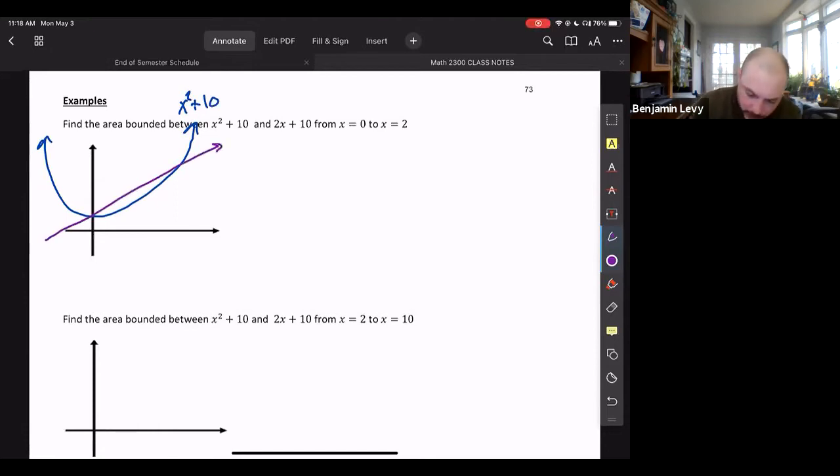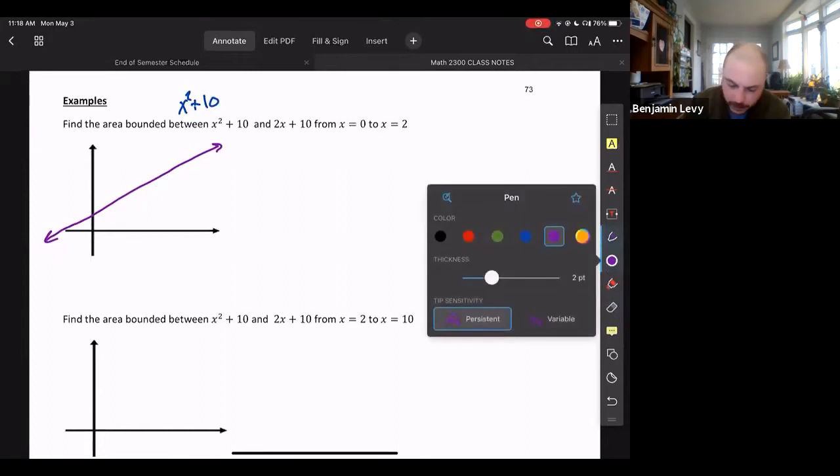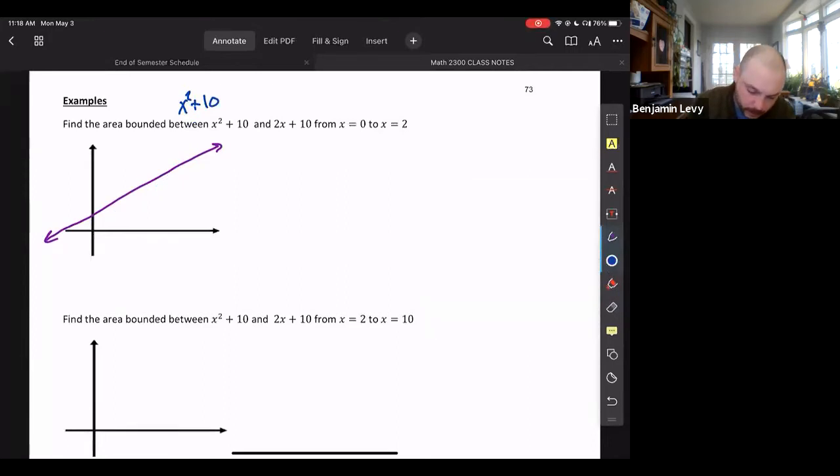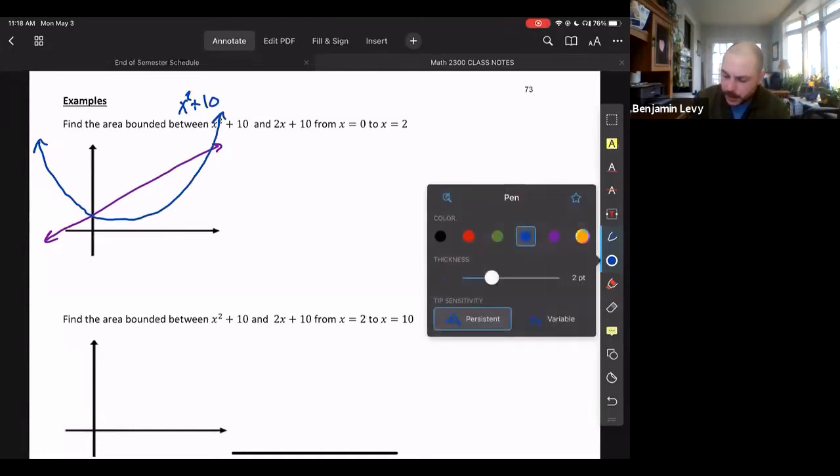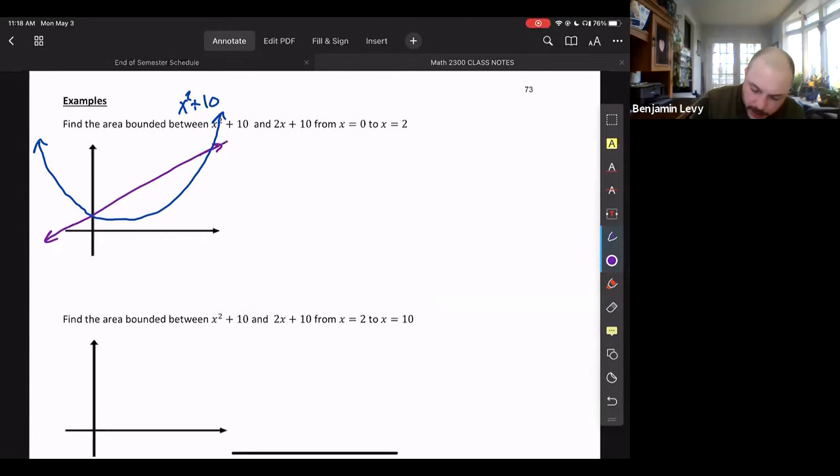Let me draw that a little better so we have something better to look at. Just a real rough idea of what's going on here. I'd like to continue this line a little bit. Okay.